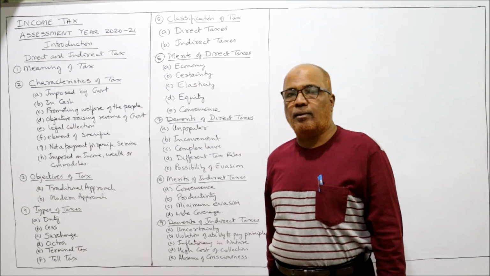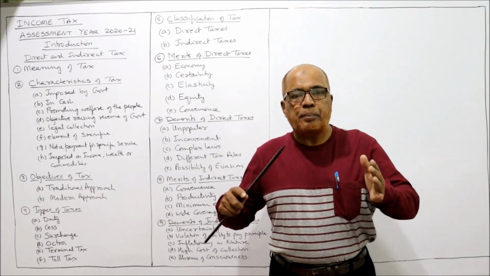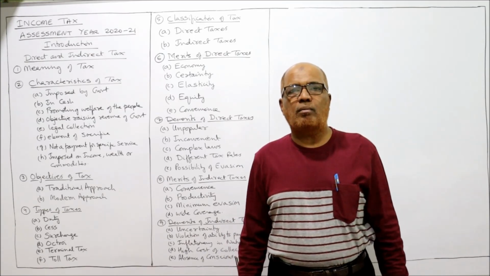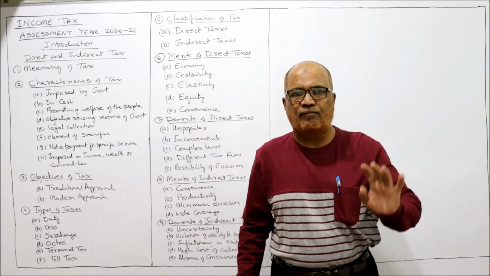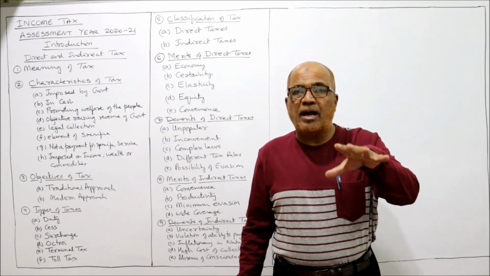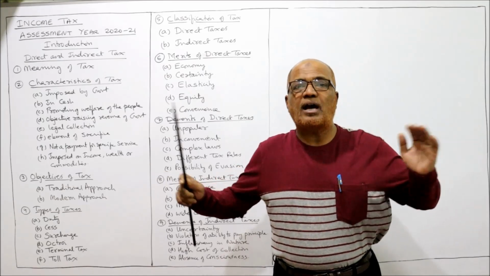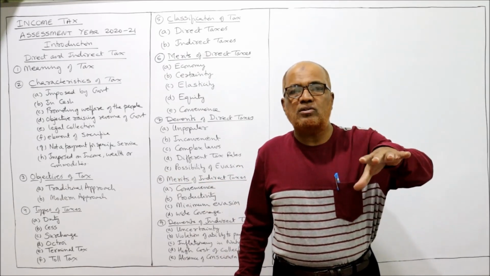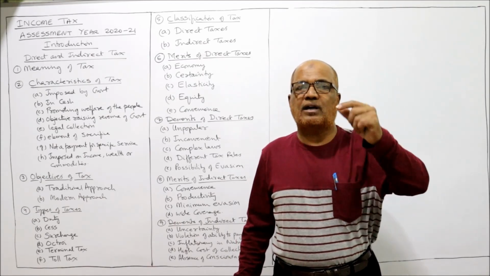Now secondly, modern objectives are different. Presently the objective of the government is not simply to raise the fund for administration and welfare, but the government's objectives have increased. The objective of the government is to accelerate the economic development of the country.